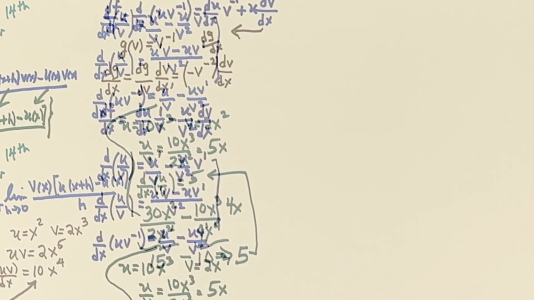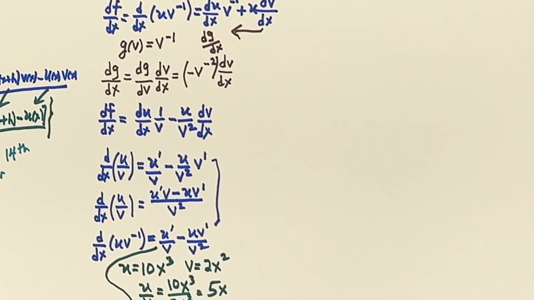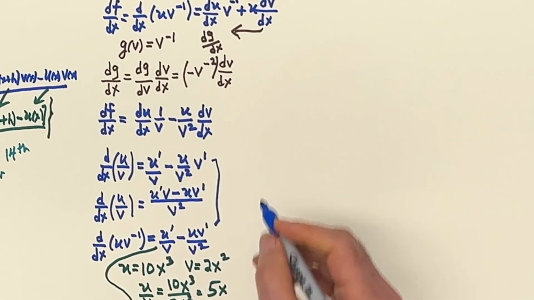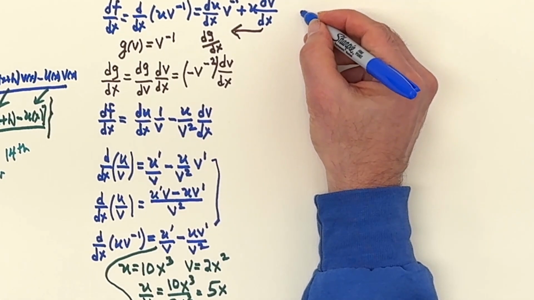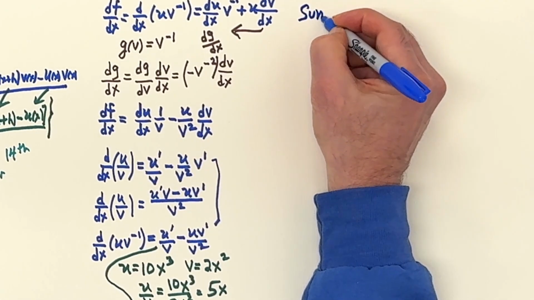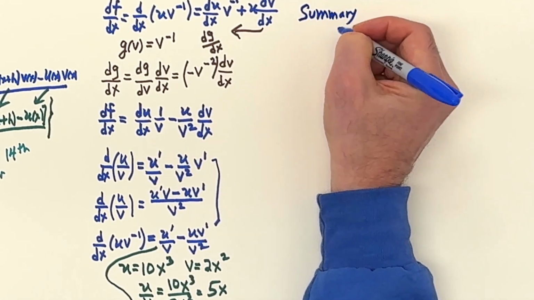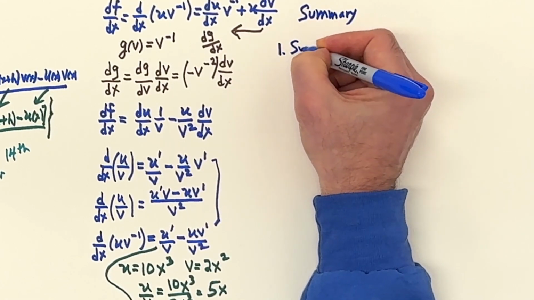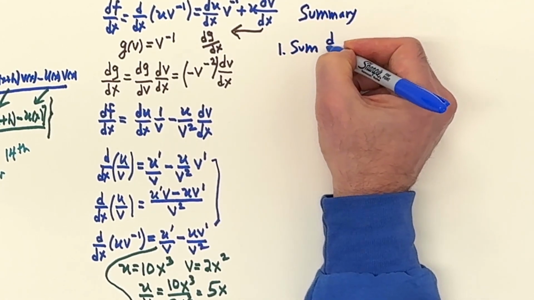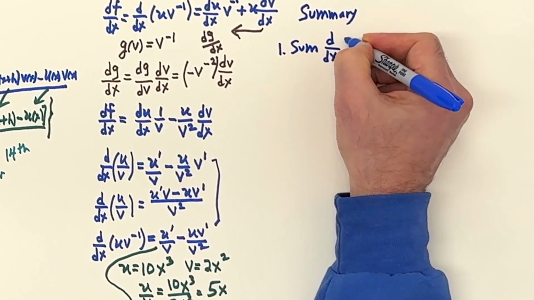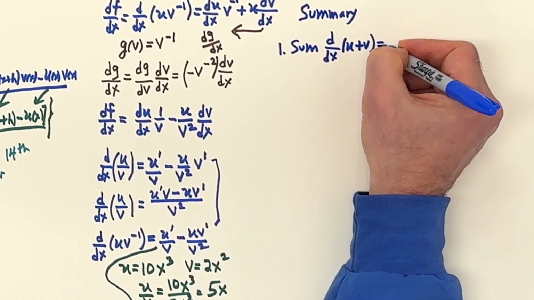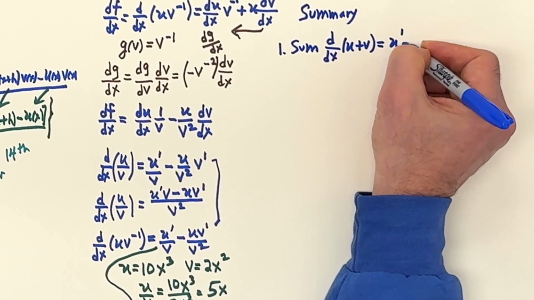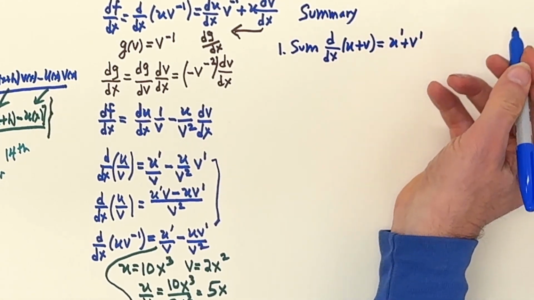So let's summarize our rules of differentiation. We're going to have a summary here. And for the summary, let's do the sum first. The sum says that the derivative of u plus v, this combination, you simply take the derivative of each one and add them.